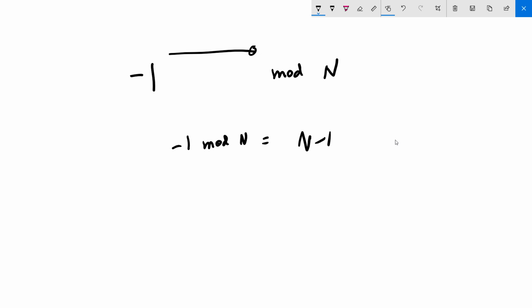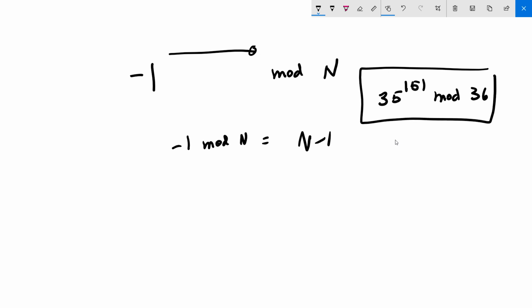Now, having said that, what would be 35 to the 151st power mod 36? How could we simplify that? This is directly related to the trick we just looked at.